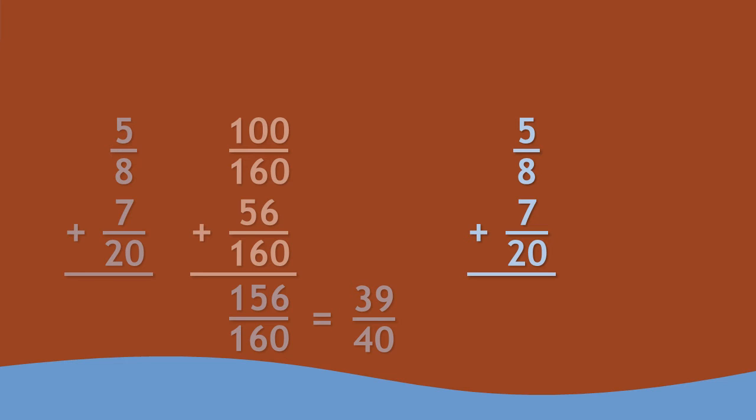So in this case, what we're going to do is start thinking about the multiples of 8 and the multiples of 20, and find the smallest one they have in common, the least common multiple. So let's take a look at 20. 20 times 1 would be 20, 20 times 2 would be 40, 20 times 3 would be 60.